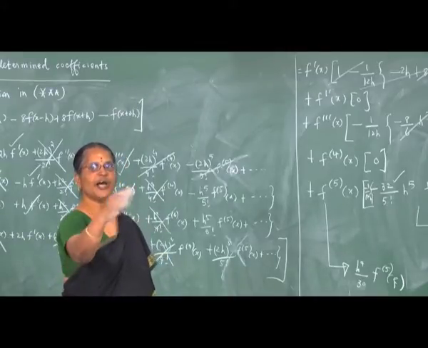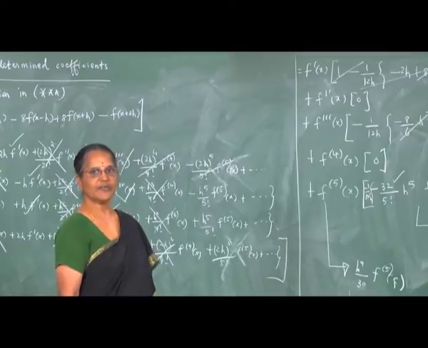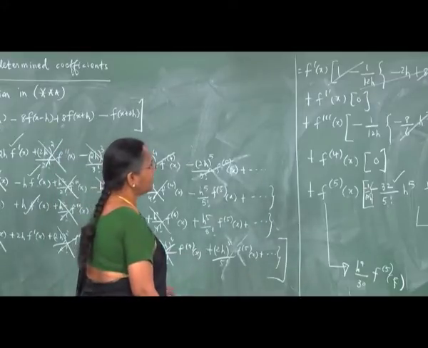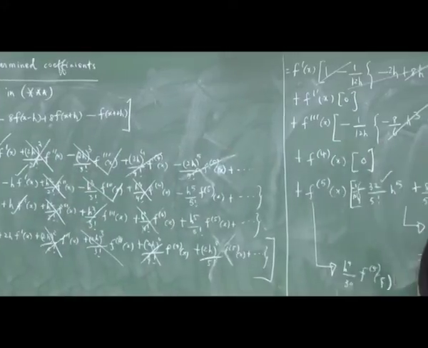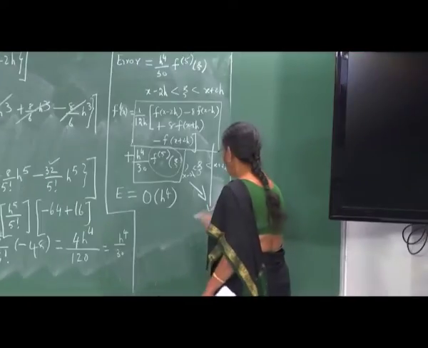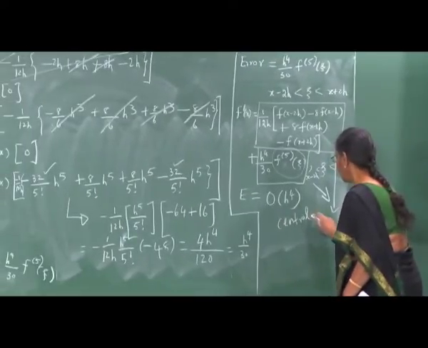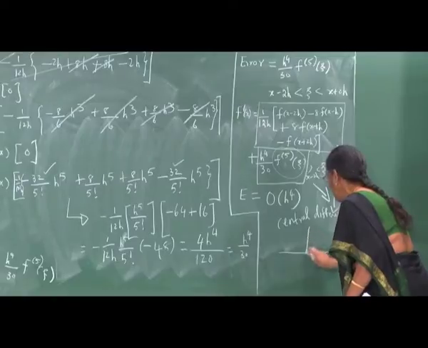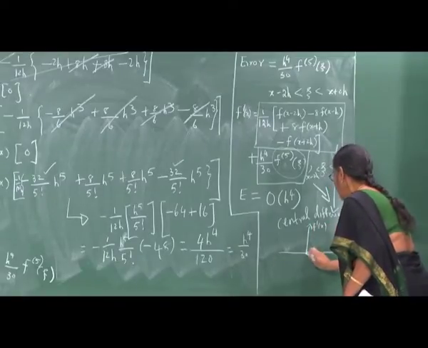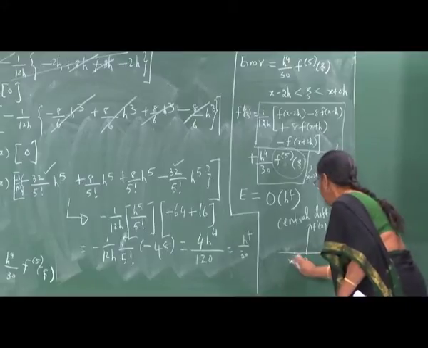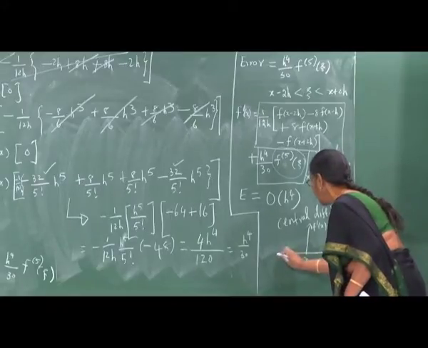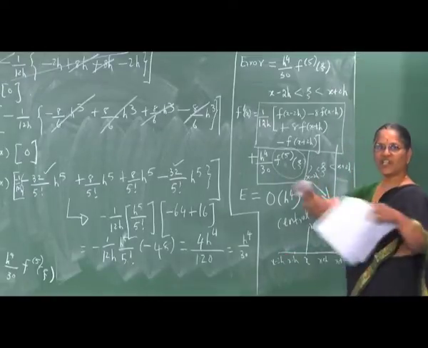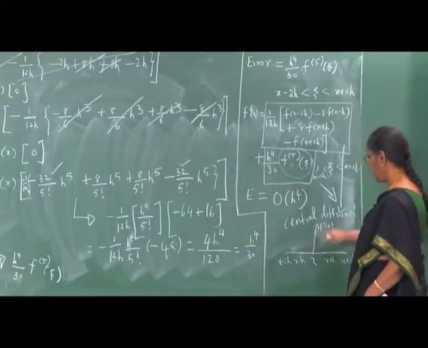So, I shall give you one or two such methods and you can try to work out the details yourself. So, another observation on this method is that this method is called a central difference approximation for the reason that you have been able to estimate the derivative at this point x in terms of the function values at x minus h, x minus 2h, x plus h and x plus 2h, which lie symmetrically on either side of this point x.